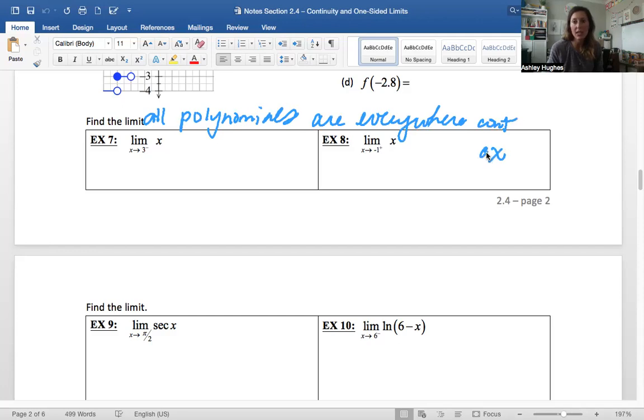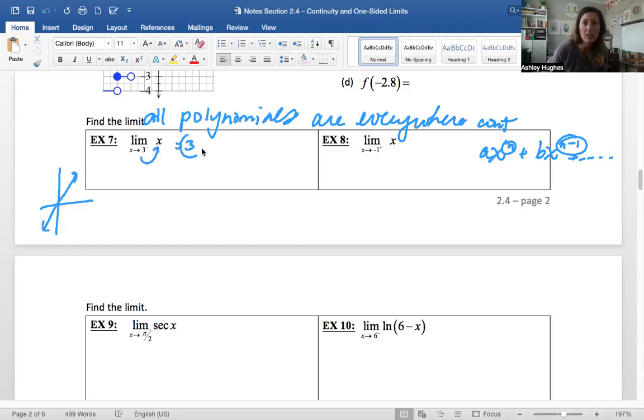It's something like ax to the n plus bx to the n minus 1 plus dot, dot, dot, etc. As long as all these exponents are positive integer values, okay? So this is just x. Y equals x looks like this. It's not crazy. There's no jumps. There's nothing going on. So you just plug in 3. Negative 1. Again, x is continuous everywhere. So it's just negative 1.